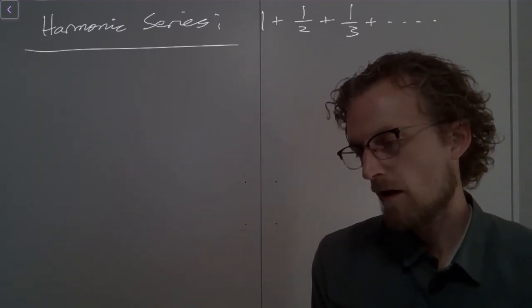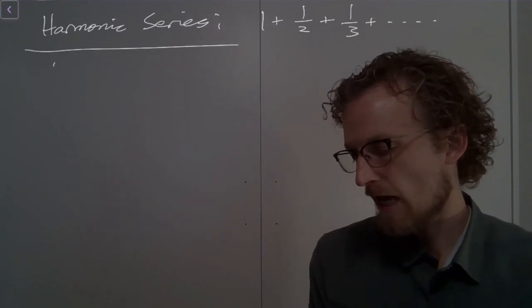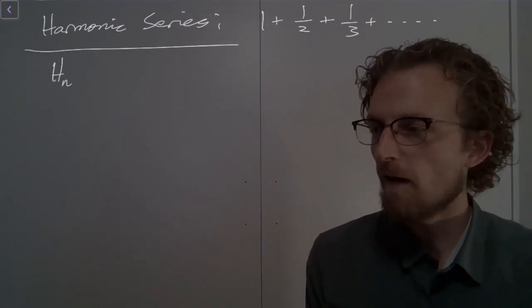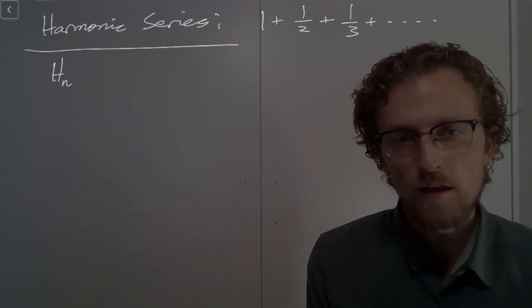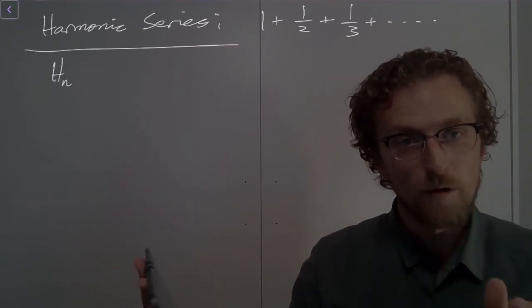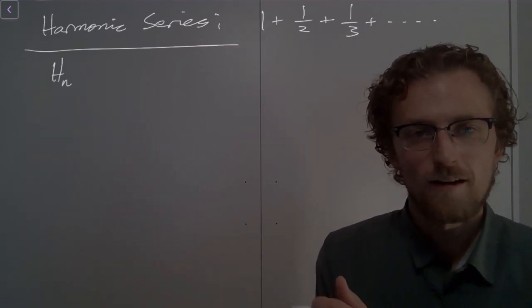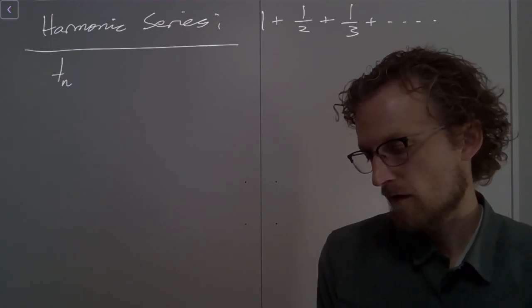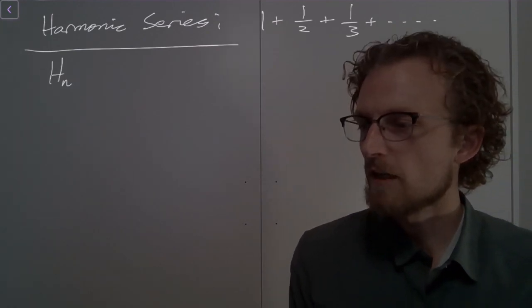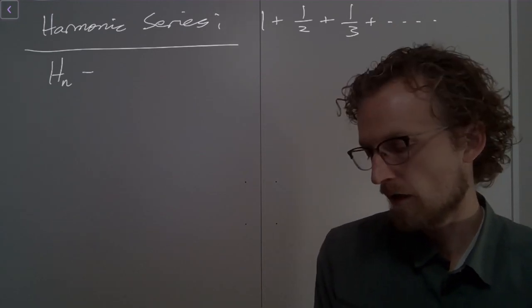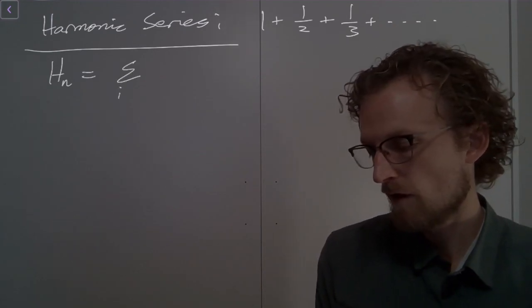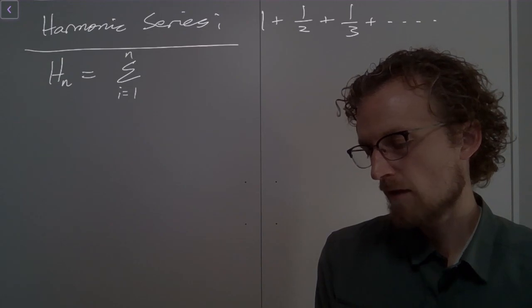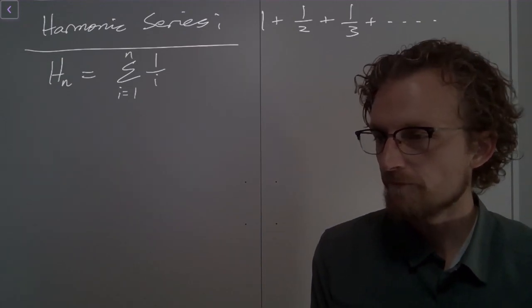So let's say Hn is defined as the sum of the first n terms in the harmonic series. Hn is called the nth harmonic number, and it looks like this. It's the sum from i equals 1 to n of 1 over i.